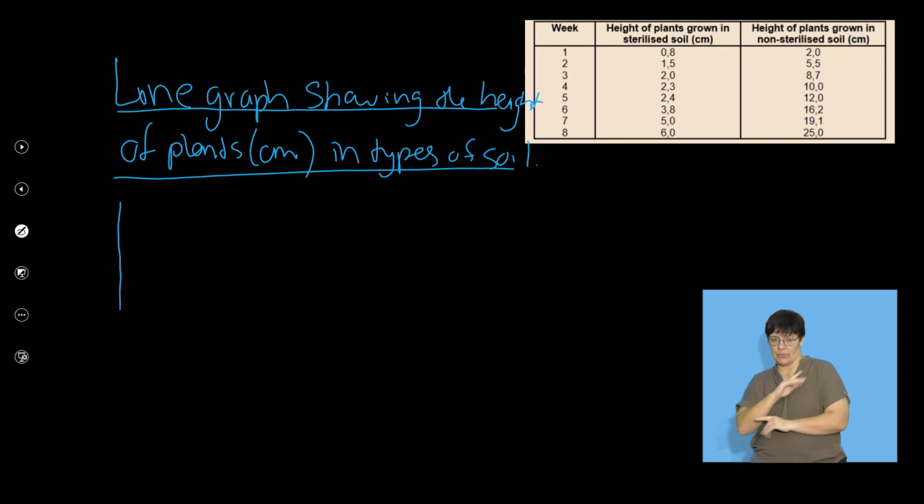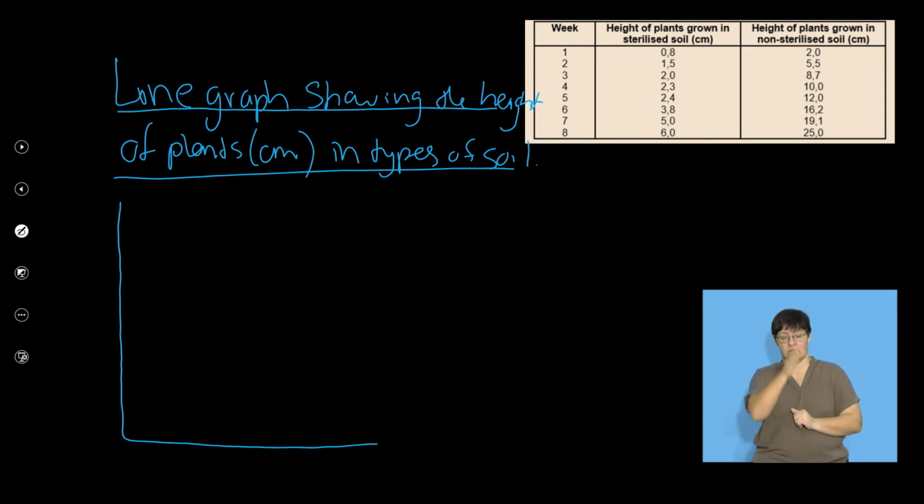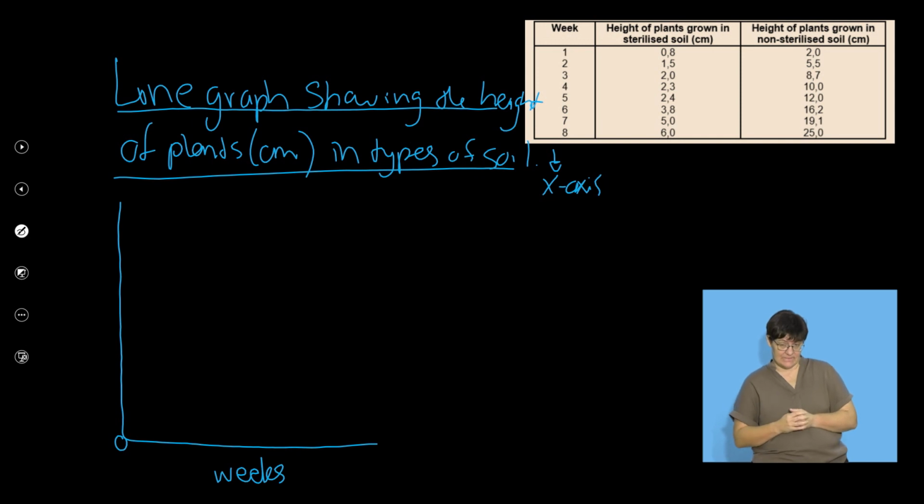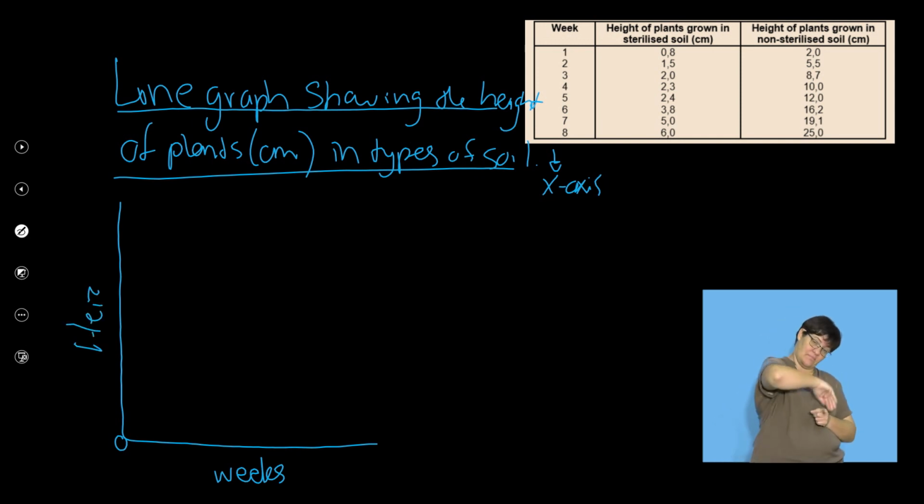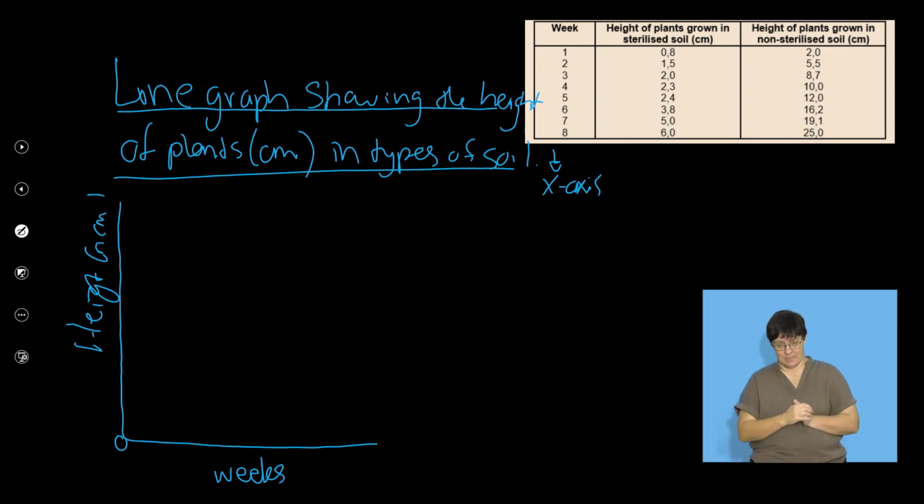Right, I'm going to draw a line graph, and I start here at 0. Weeks is going to be on my x-axis. And what am I going to have here? Height in centimeters on my y-axis.